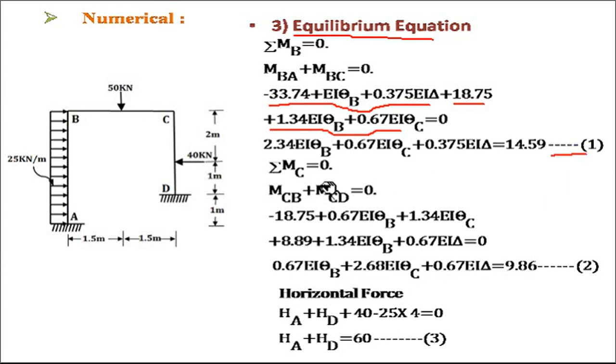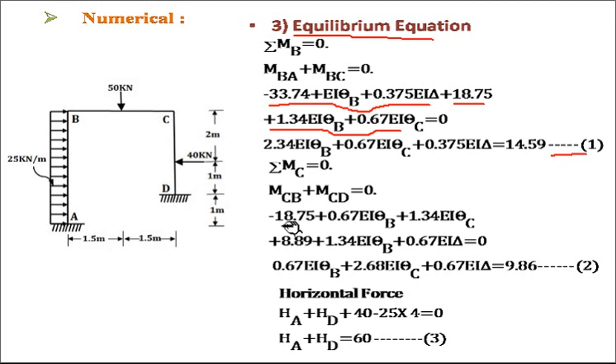Now we have to apply the second equilibrium equation, that is, summation of moment at joint C equal to 0. At joint C there are two members connecting, one is CB, another is CD. So MCB plus MCD equal to 0.